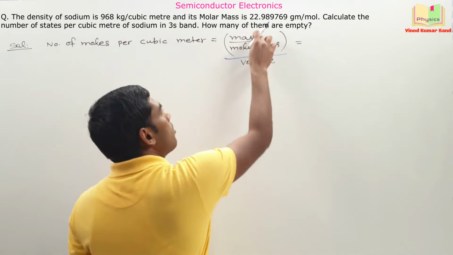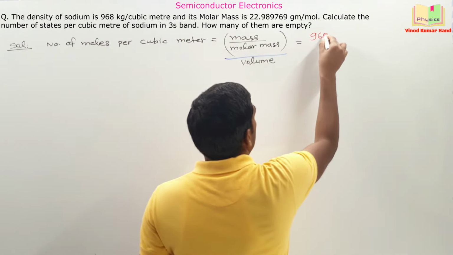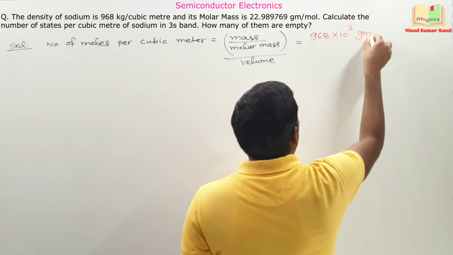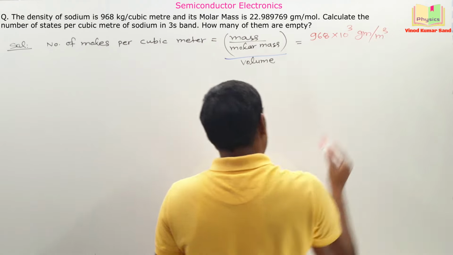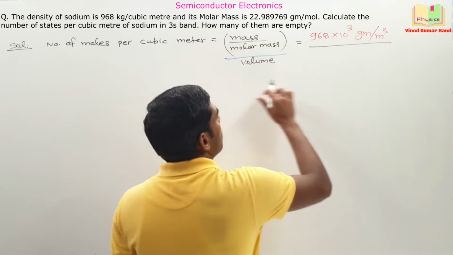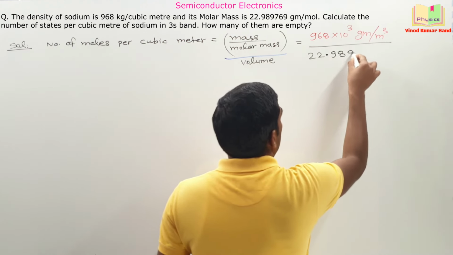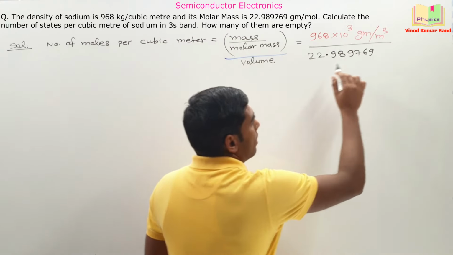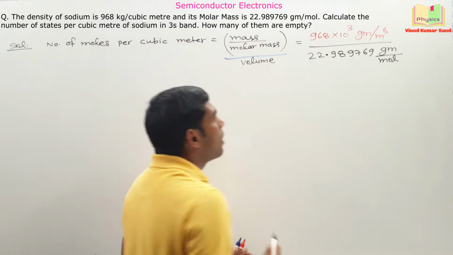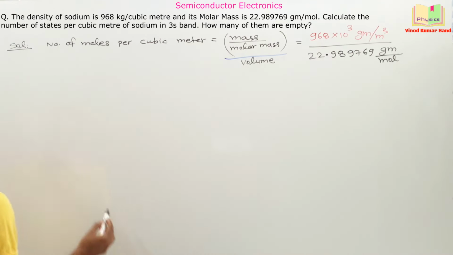The mass by volume is the density, and density is given in the question, 968 into 10 to power 3 gram per meter cube, divided by the molar mass, which is 22.989769 gram per mole. This will give us the number of moles in a cubic meter.